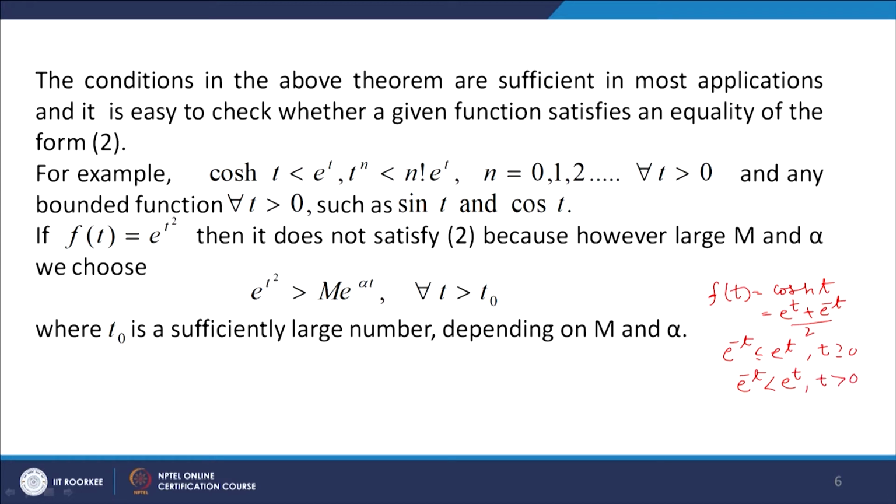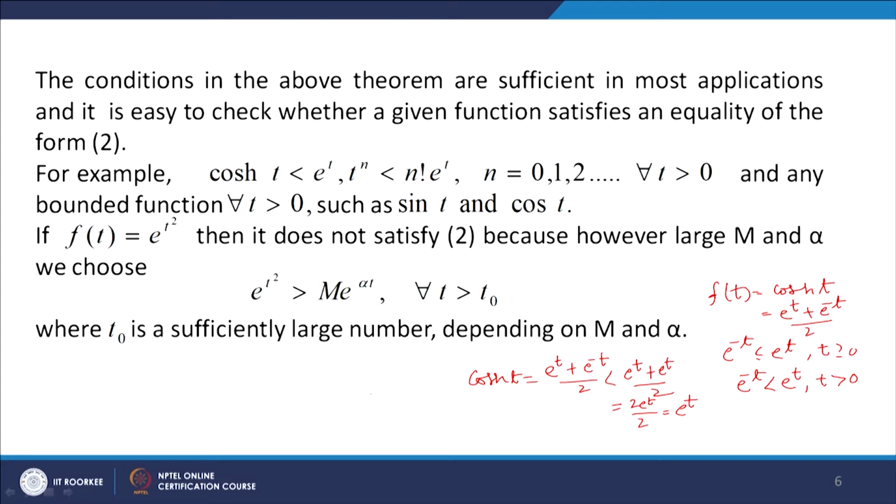So, e to the power t plus e to the power minus t by 2 is less than e to the power t plus e to the power t by 2, which means we have 2 e to the power t divided by 2, which is equal to e to the power t. So, cosh t is less than e to the power t for all t greater than 0.